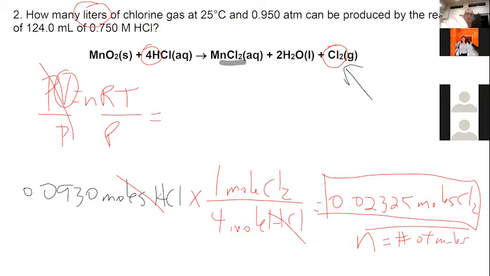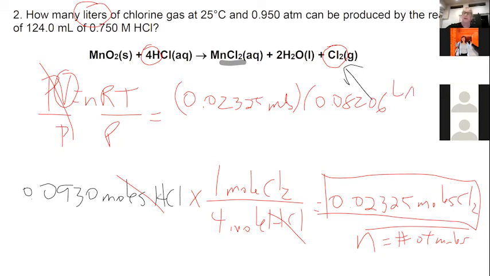So that's equal to 0.02325 moles times R, 0.08206. I've been using 0.0821. It's actually 0.08206, it's more accurate. Liter atmosphere per mole Kelvin, times the temperature.